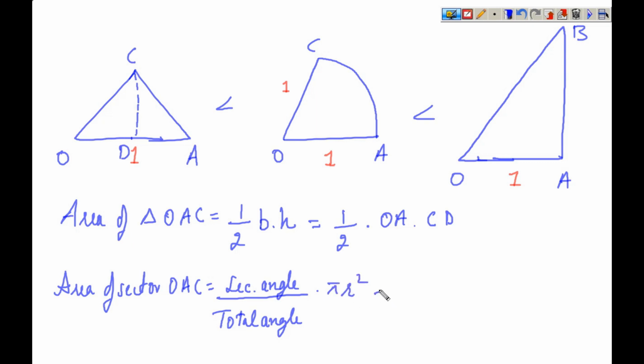So in this case we have sector angle is given as x radians, so we can write x. Total angle of the circle is 2 pi, and then area of the whole circle is pi times OA, which is the radius, square.